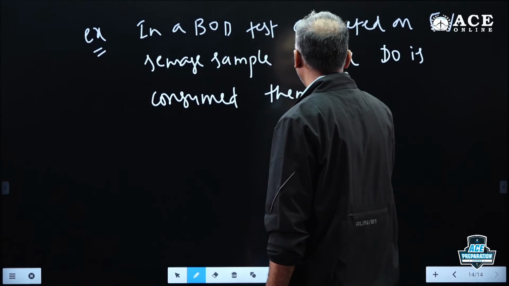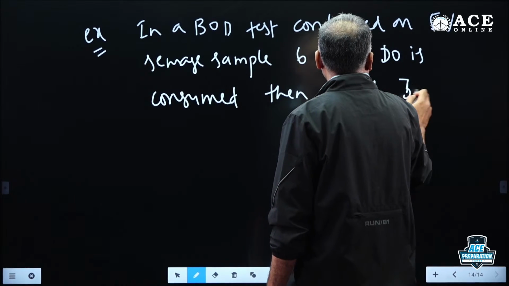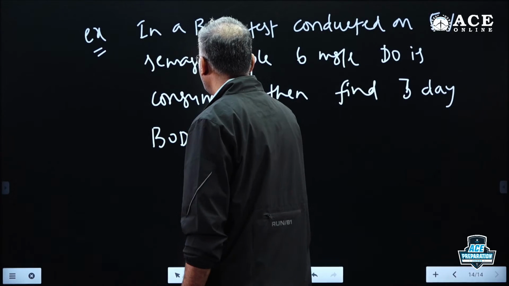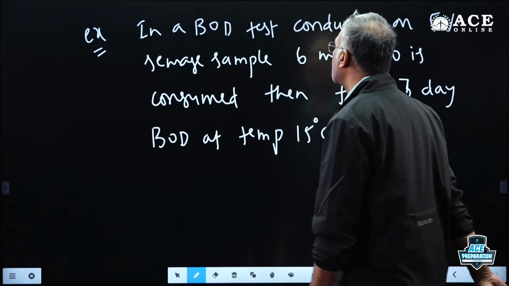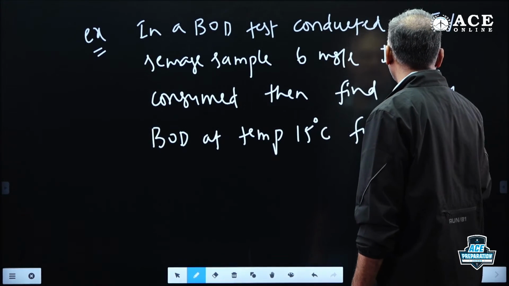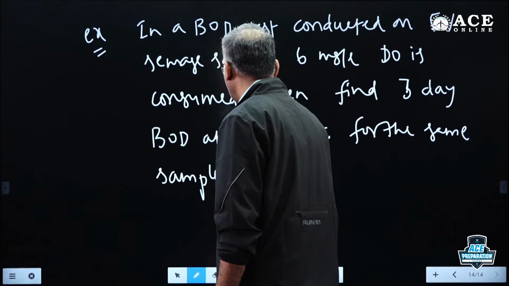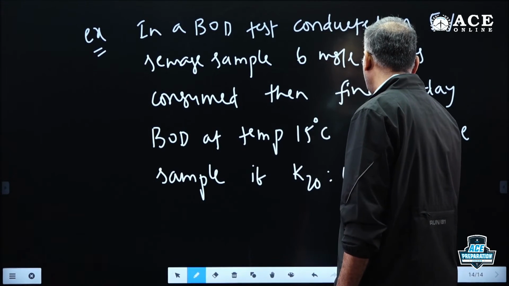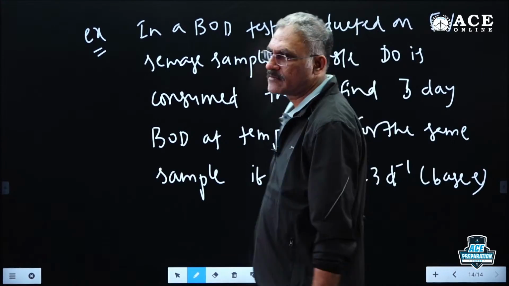Then find the BOD at a temperature of 15 degrees Celsius for the same sample. K20 is equal to 0.23 day inverse to the base e. A question is asked like this.